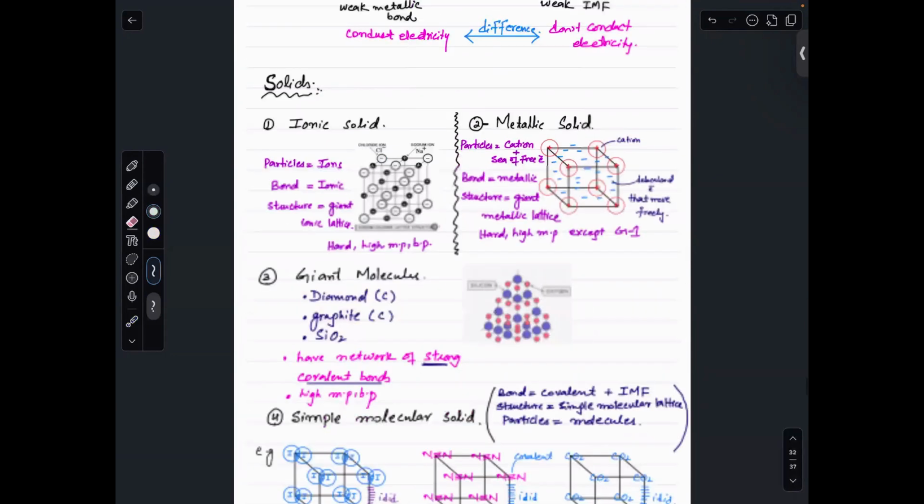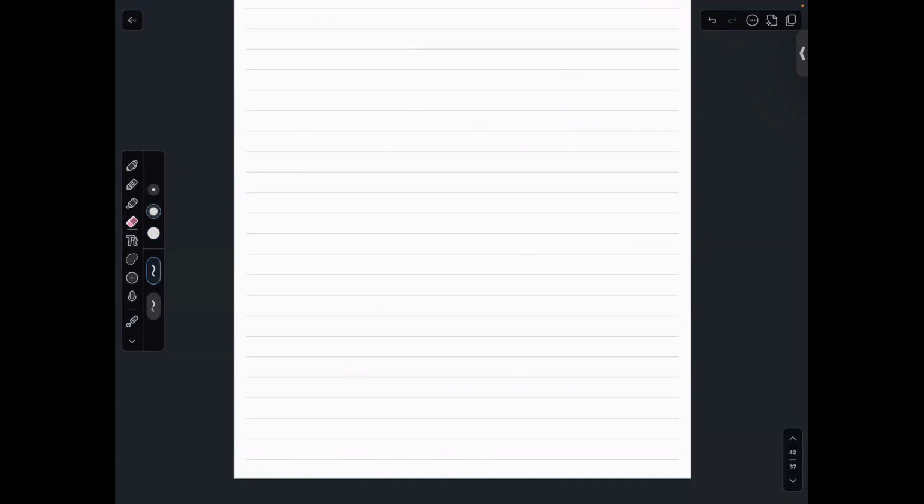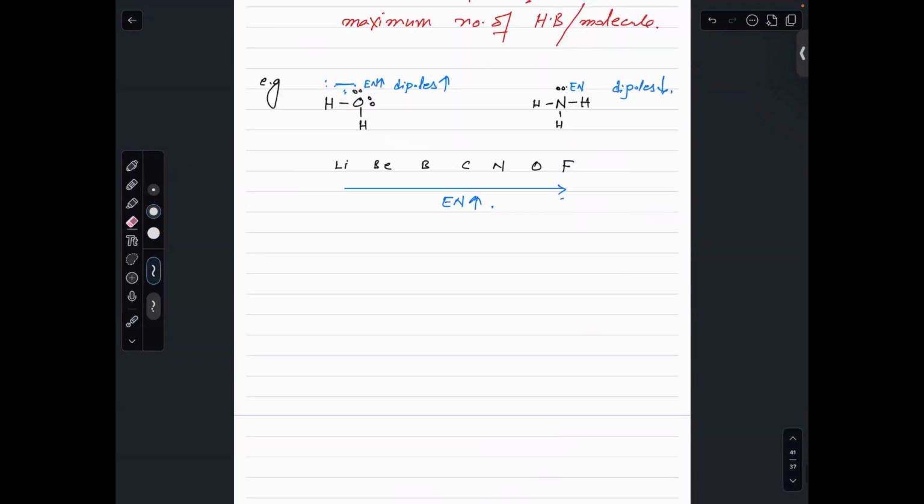Right? I'm going to explain this to you with another example. For example, you have HF. Count all the lone pairs and the hydrogens bonded to FON, whatever your molecule is. There are 3 lone pairs and 1 hydrogen.